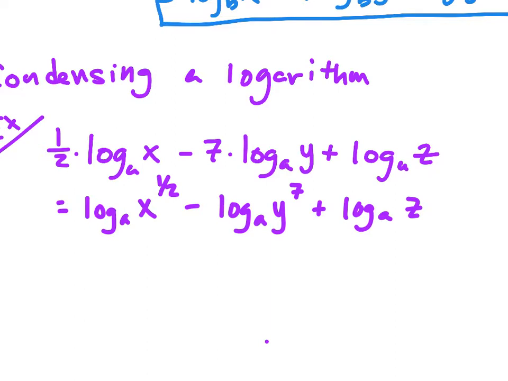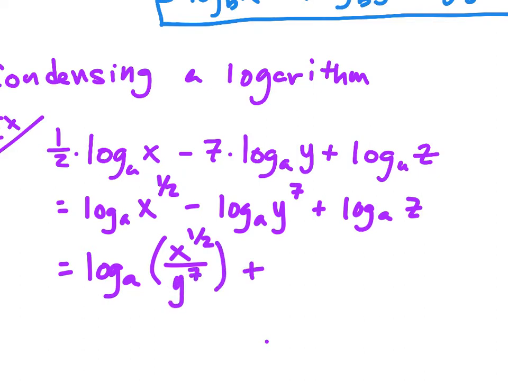So let's simplify this part first, because in order of operations we work from left to right. If I'm subtracting these two logs, that means I want to be dividing them. So let's do log base a of x to the 1/2 power divided by y to the 7th power.